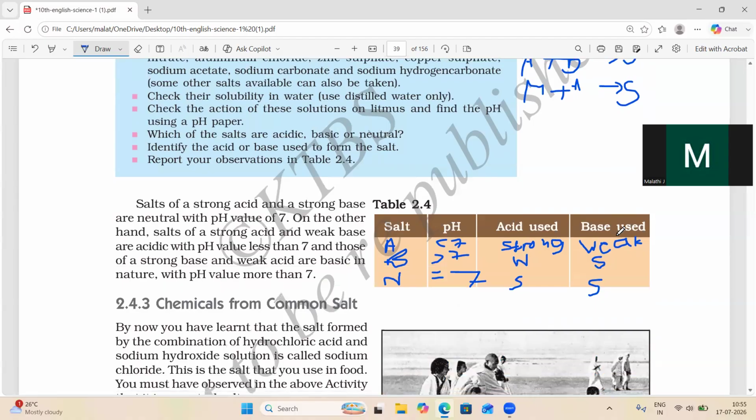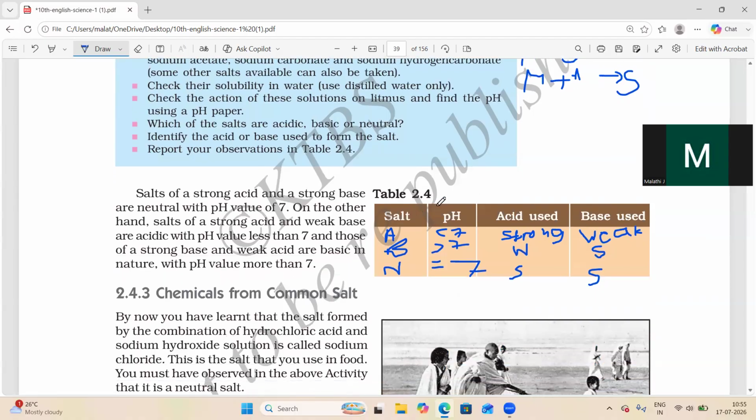We will study three types of salts here: acidic salt, basic salt and neutral salt. For an acidic salt, if we test the pH, it will be less than 7, that is 0 to 7. Acidic salts are formed when a strong acid reacts with a weak base.